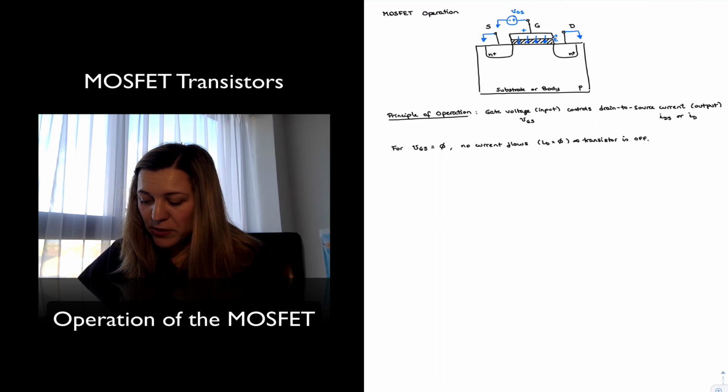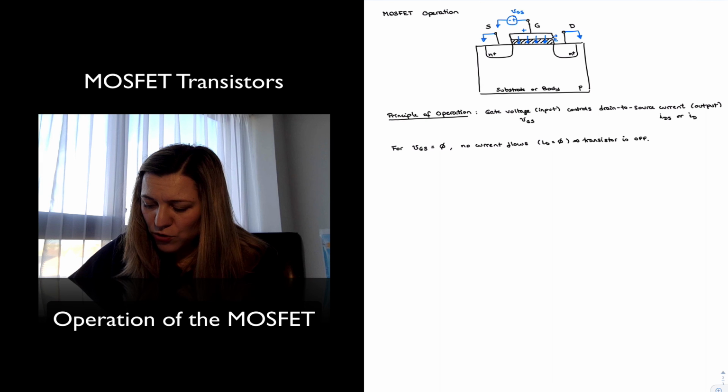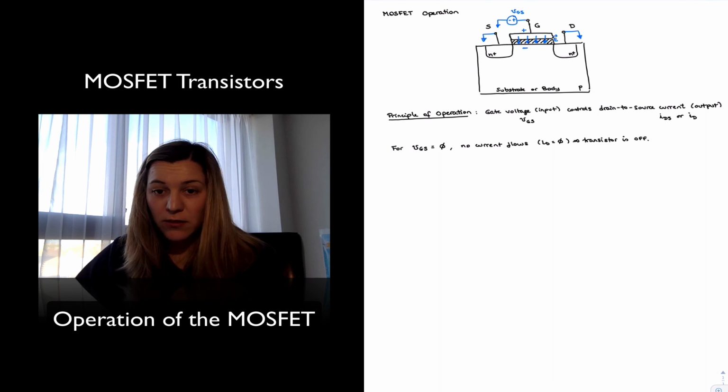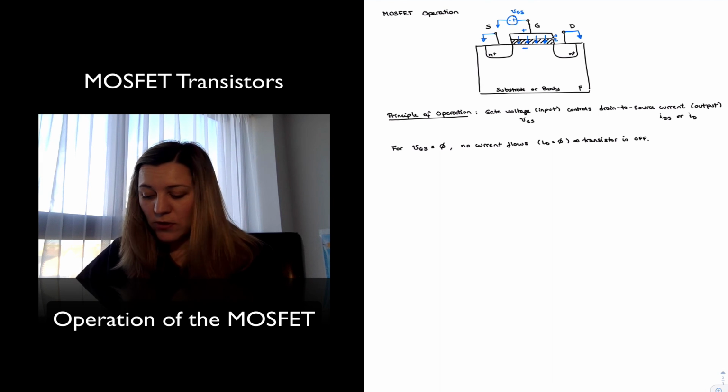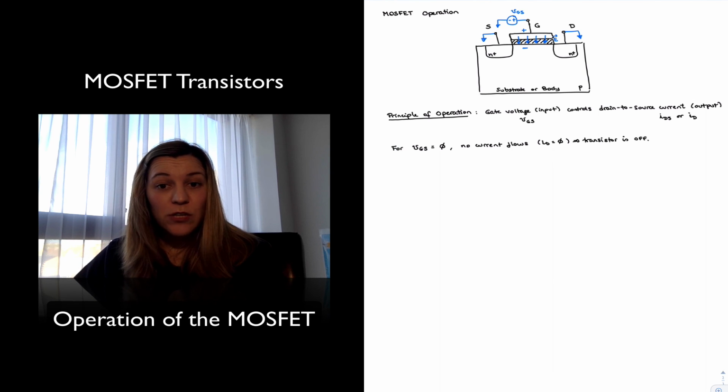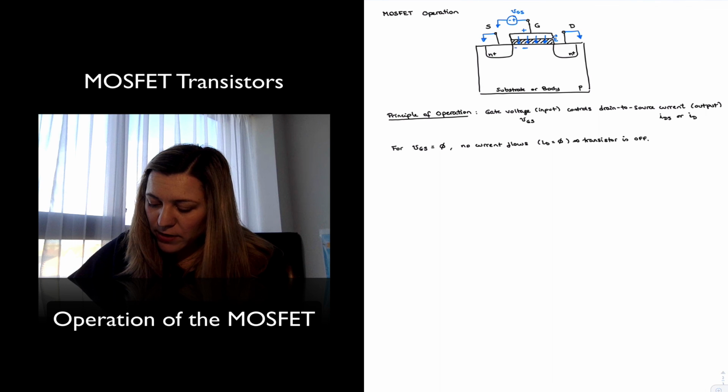And what's going to happen is that it's going to start attracting negative charges to this region. And those negative charges are going to start filling the holes, the excess holes that I have in my P-type substrate, right underneath the gate region.